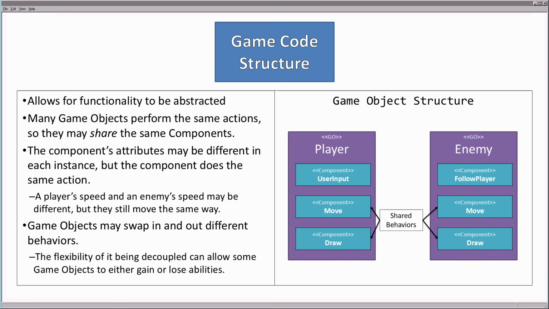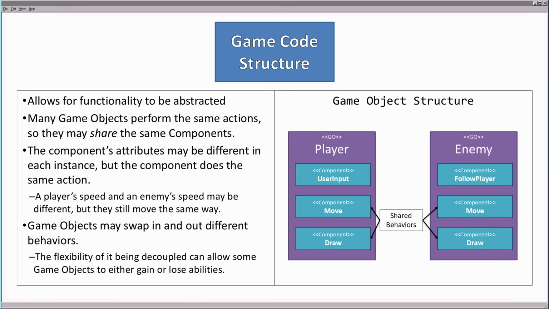By using this structure, it allows for functionality to be abstracted. Many game objects perform the same actions, so they may share the same components. We can see both player and enemy move and draw. We can consider writing one class move and another class draw and simply add those to the player and the enemy game object.